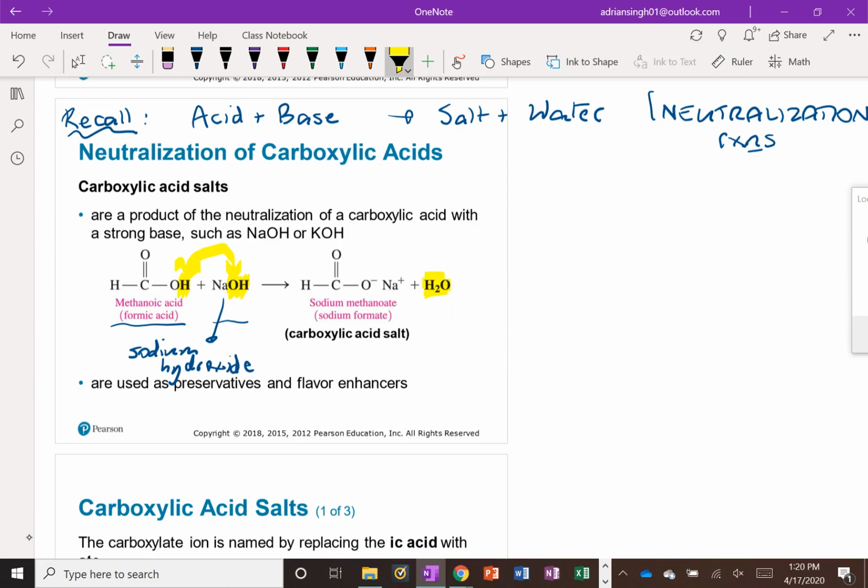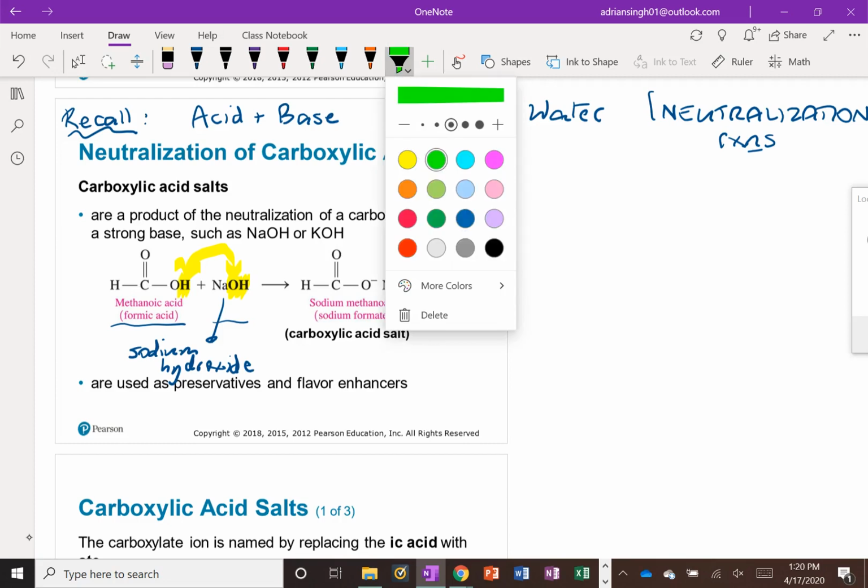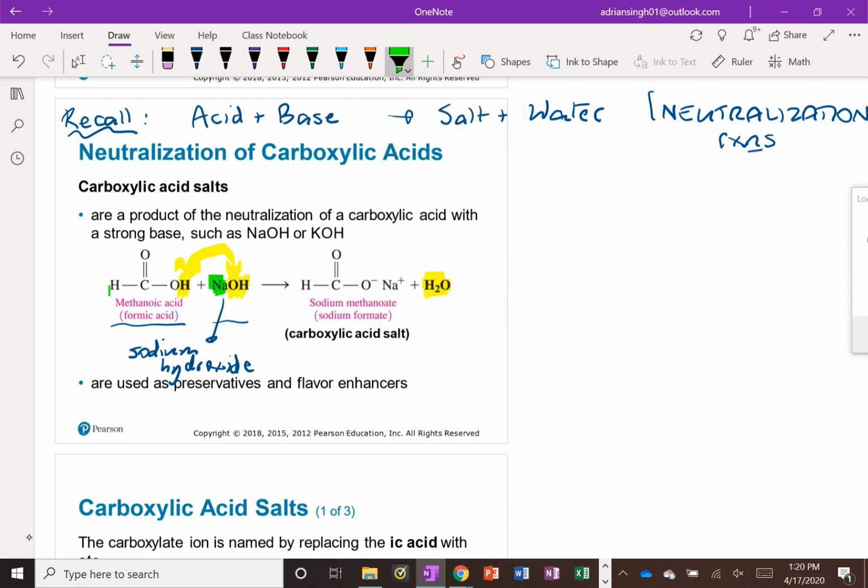And then we end up just sticking together the Na+ ion from the base, the sodium ion in this case, with the carboxylate ion from the carboxylic acid, and we end up with this as our product. So that's known as a salt, which we've seen before, and specifically it's a salt of the carboxylic acid.